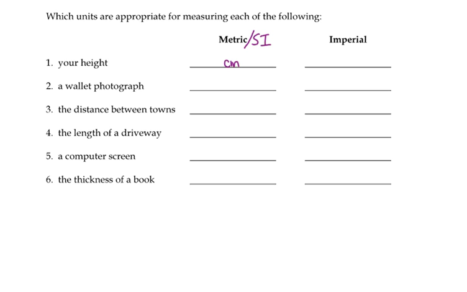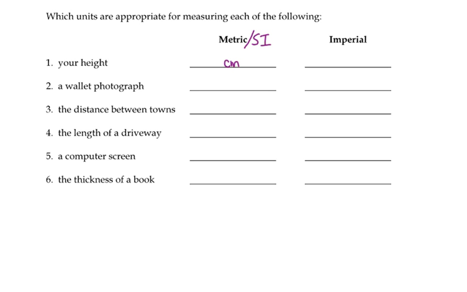Does anyone here have their learner's license? If you have your learners, your height is in centimeters. Your weight is in kilos. Pull it out, you can check it out. Why don't we measure in feet? Because our official system is metric.